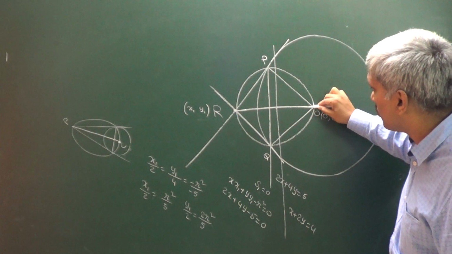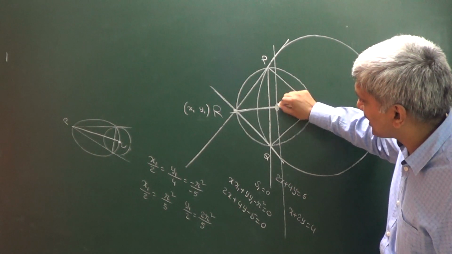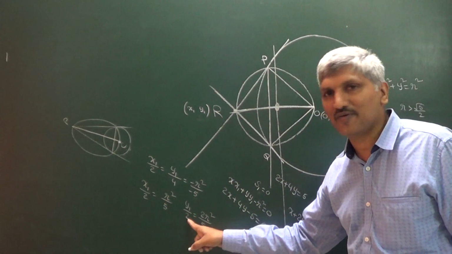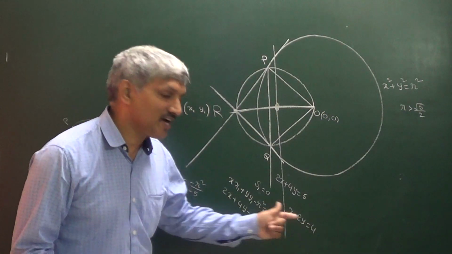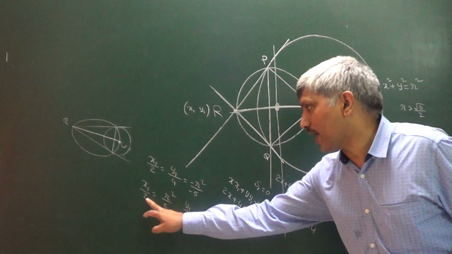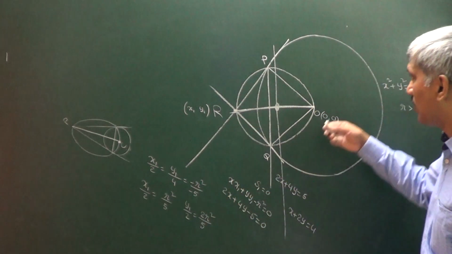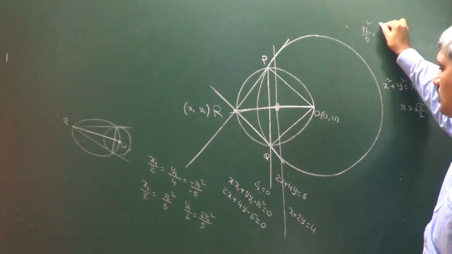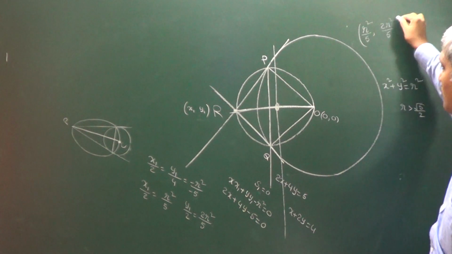That's why here also the OR midpoint is the center of the circle. That circle center is (x1/2, y1/2). This midpoint must lie on the line x + 2y = 4. What is the center of the circle? (r²/5, 2r²/5). That is the center of the circle.